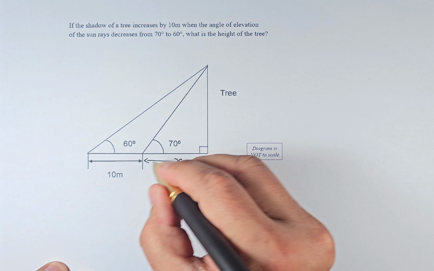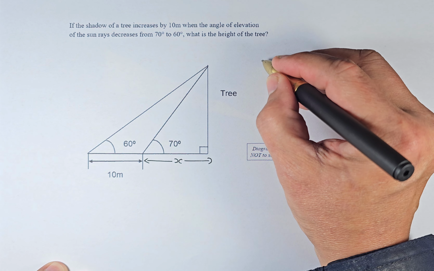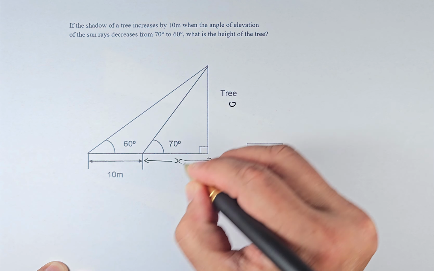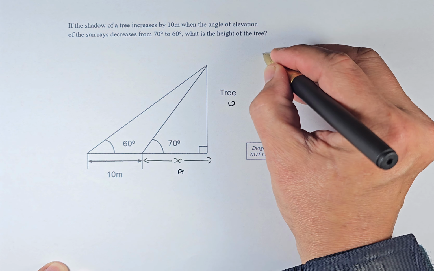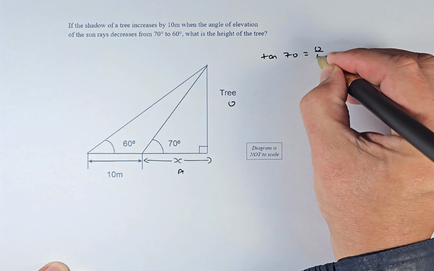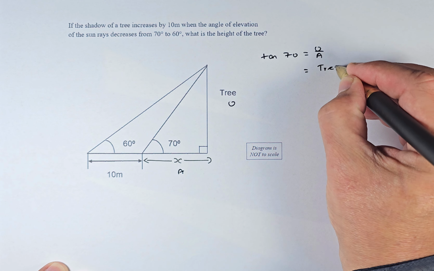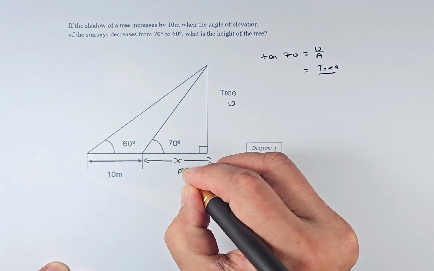So doing this triangle, using this as opposite, this adjacent, tangent 70 equals O over A, TOA, equals 3 over x.